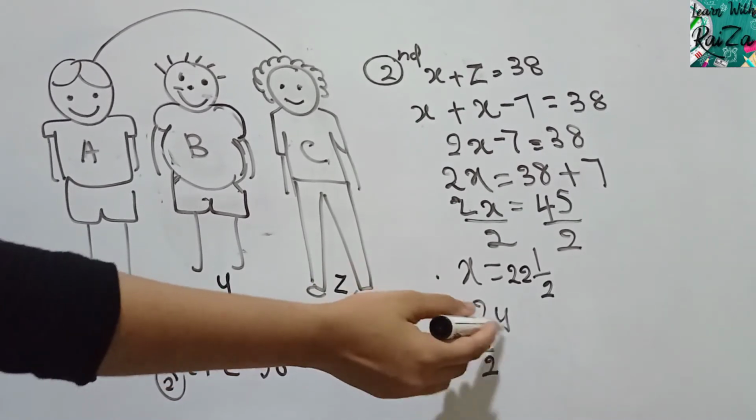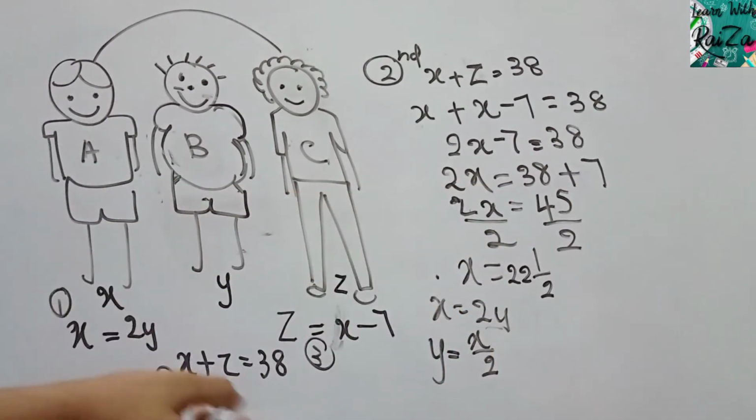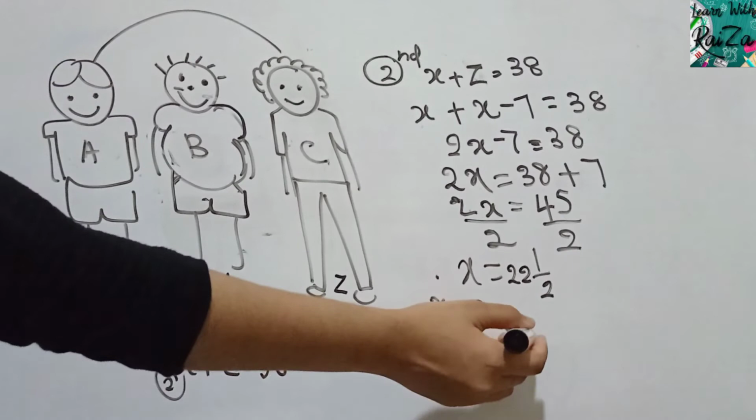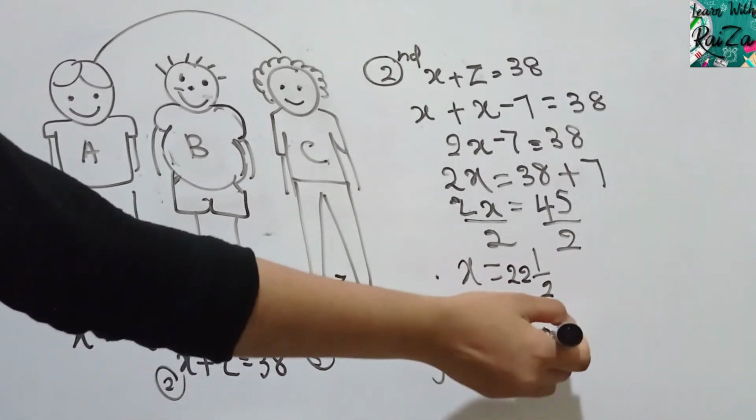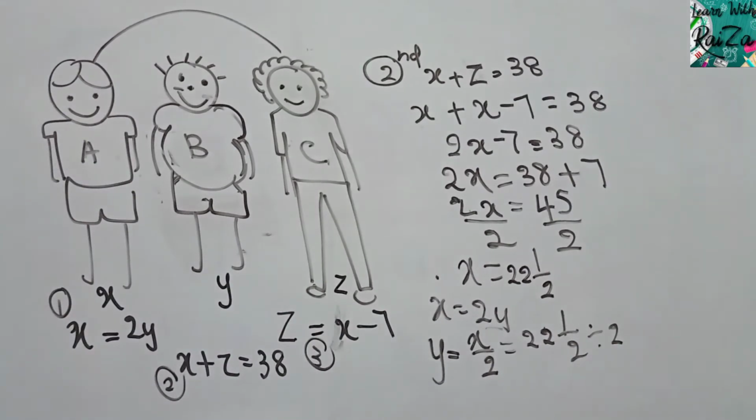Dividing both sides by 2, I can isolate y. So 22.5 divided by 2 gives 11.5. So nearly 11.5 years is the age of B person.